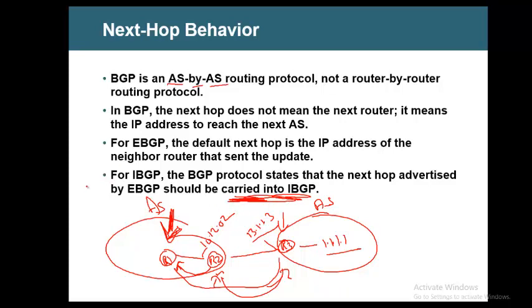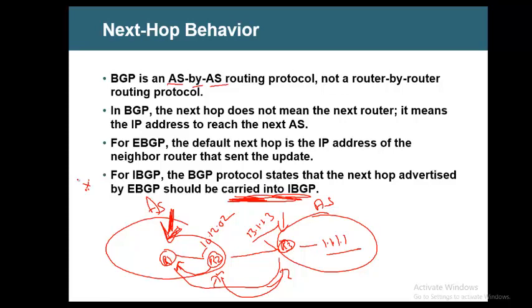This is the most important. So when R1 learns that 1.1.1.1, the next hop address will be 13.1.1.3, but actually who is forwarding this packet to R1?